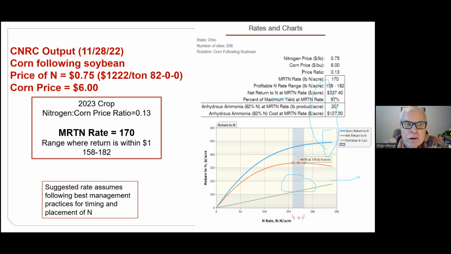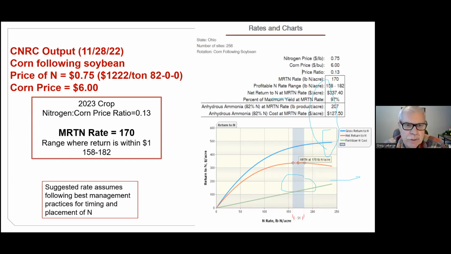From our view of the world, this would be our nitrogen recommendation going into the 2023 corn crop. So our price of nitrogen at 75 cents and our corn price at $6 would give us an MRTN rate of 170 pounds of nitrogen with a profitable range between 158 and 182. So, that is where we're coming from.